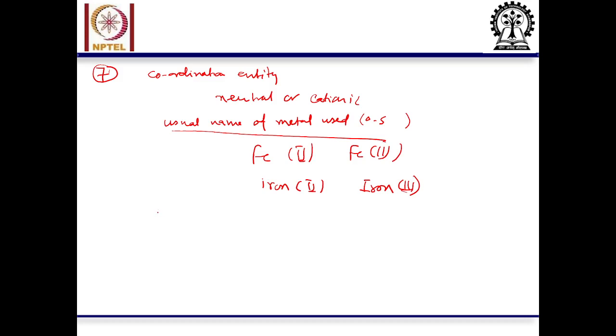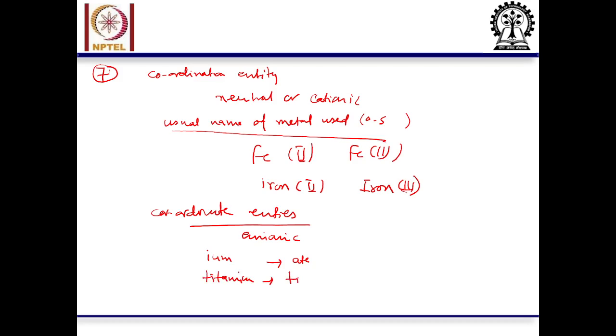If our coordination entity is anionic, then we have a special rule. For a metal ending with ium, we have to replace it with ate. Suppose we have titanium; we convert it to titanate.